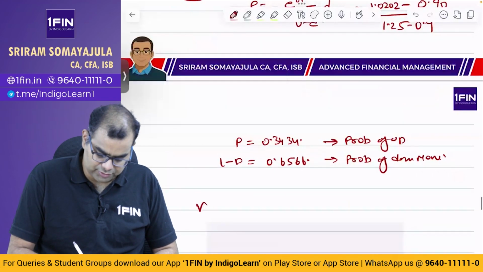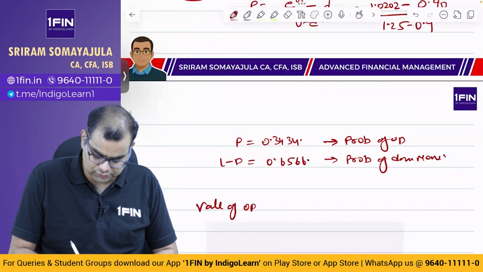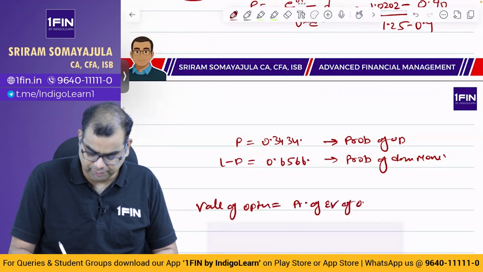Okay. So value of option is equal to present value of expected value of payoffs.